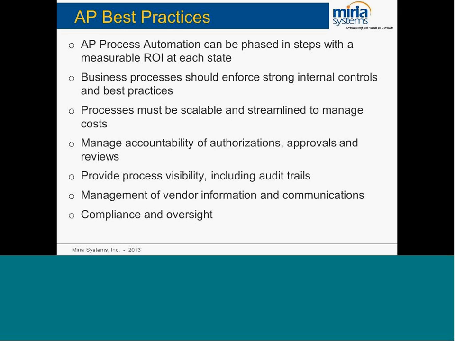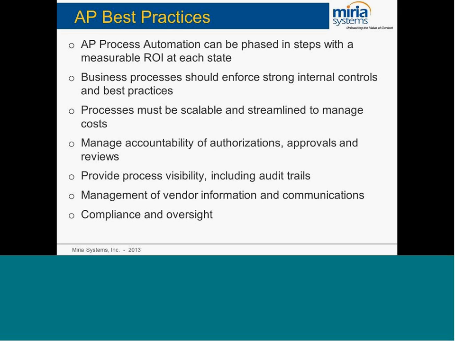You may have policies for approvals and for purchasing and for who gets paid and how things get paid, but how do you manage that and enforce that if it's all based on people interacting with a manual process all the time? Processes need to be scalable and streamlined to manage costs. That's obviously one of the things we're trying to achieve here, is reduce the overall cost of paying an invoice.